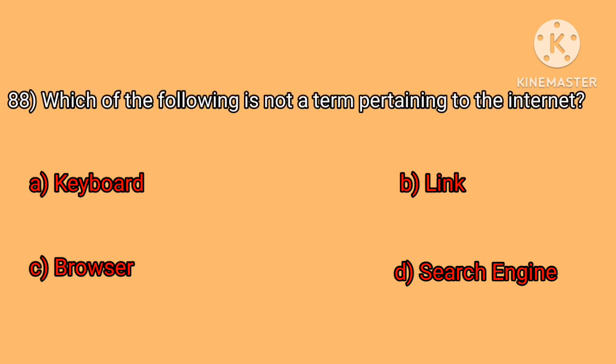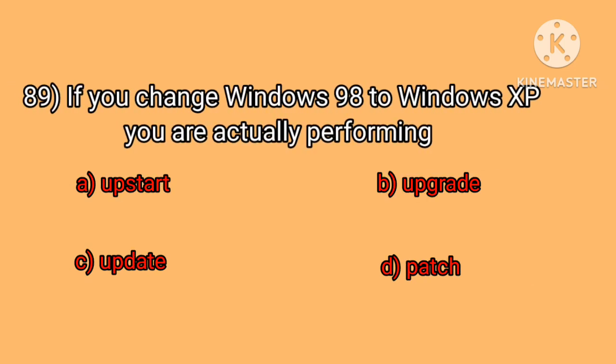Which of the following is not a term pertaining to the internet? Keyboard. If you change Windows 98 to Windows XP, you are actually performing upgrade.